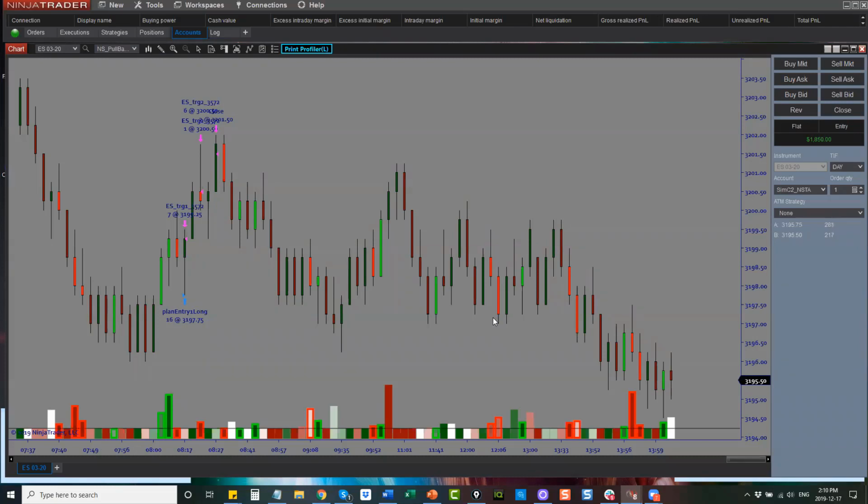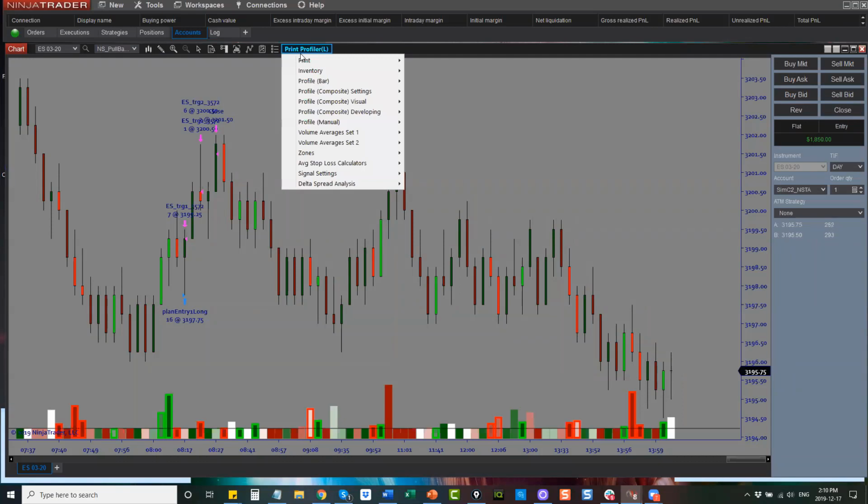What I found was that there were so many tools out there that you had to buy 1 or 2 or 3 different indicators to be able to do it. So I said, why don't we just build a print profiler that does all of the order flow requirements that we need, plus all of the volume profile that we need on a micro and a macro level.